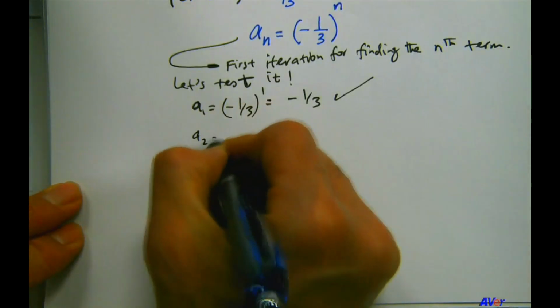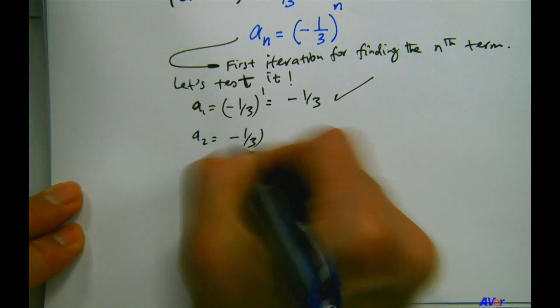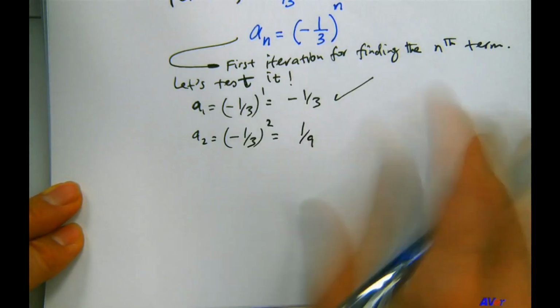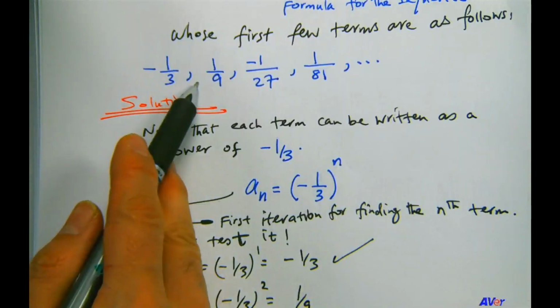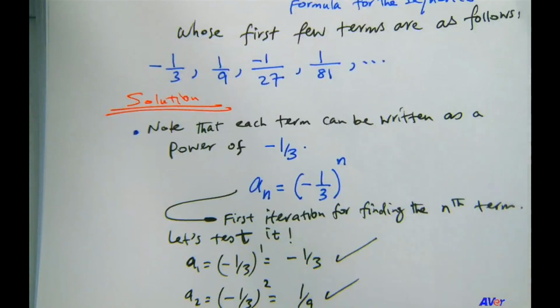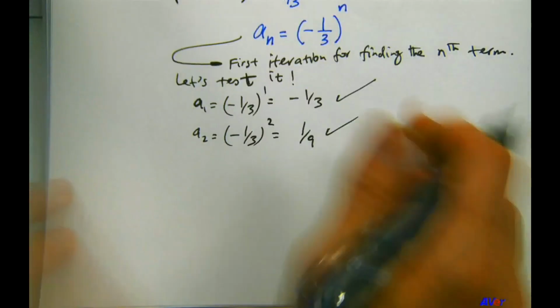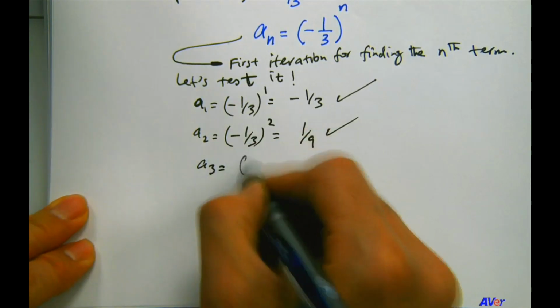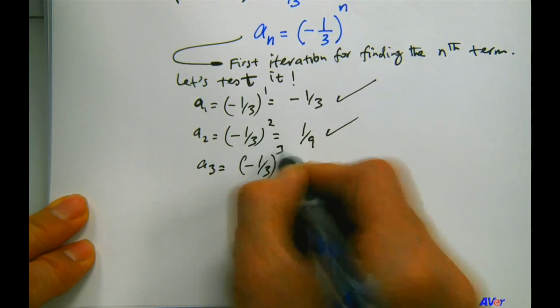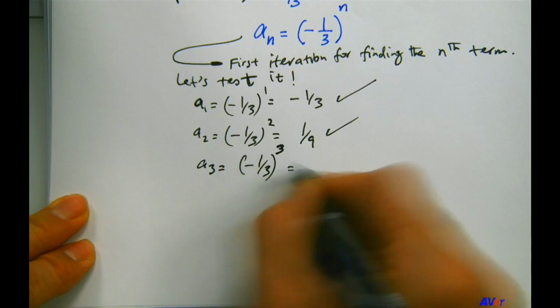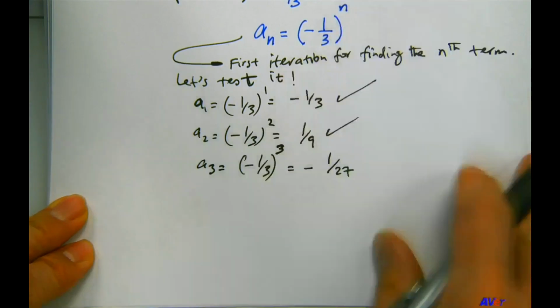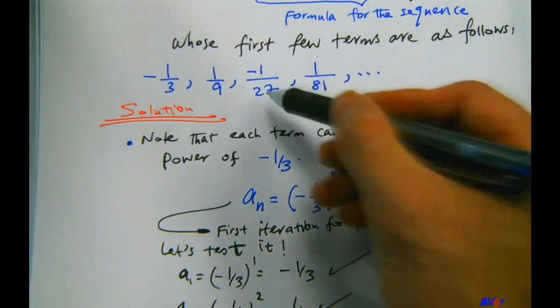A2 would be minus 1/3 to the second power. That'll be positive 1/9. Do we have what we have in the sequence? Yes. So once again, we're okay. Let's find the third number. Minus 1/3 cubed will be minus 1/27. Is this what we have in the sequence? Yes, we do.